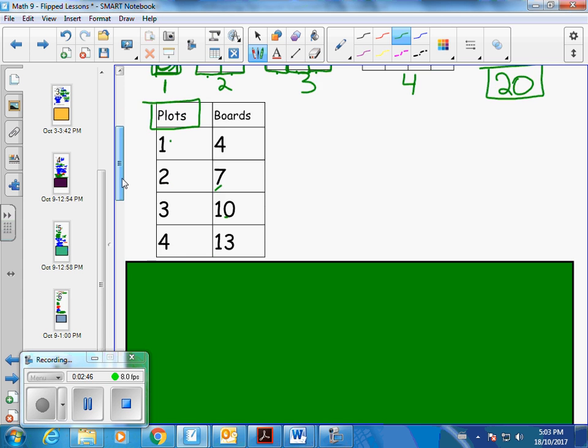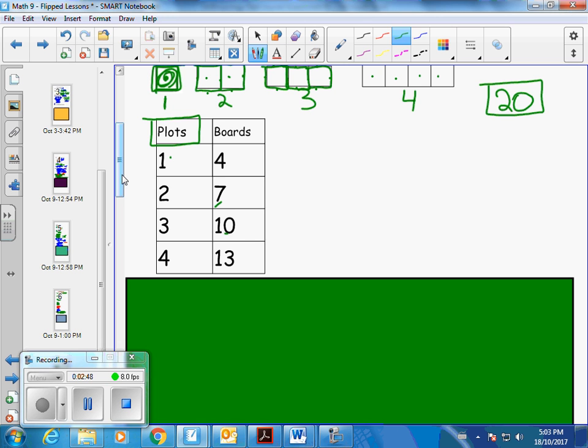So what I need to do is write a mathematical equation so that I can punch in any number and figure out exactly how many boards I would wind up with, regardless of how many plots I want to punch in.